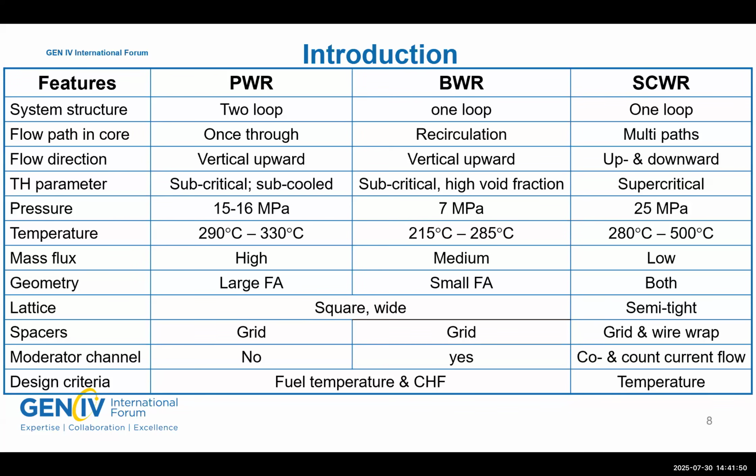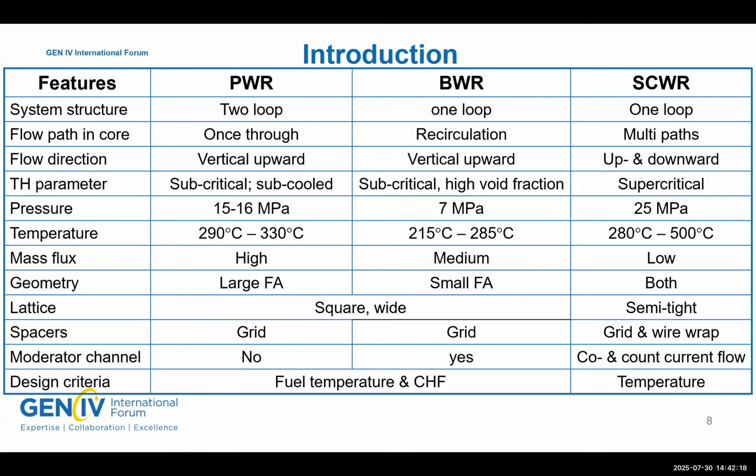When the water is at the supercritical condition, it is only one phase. There is no phase change at the supercritical point. And for the operation pressure, the PWR is about 15 megapascals, the BWR is 7 megapascals, and the SCWR is 25 megapascals.